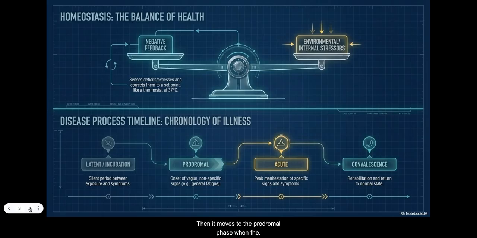Then it moves to the prodromal phase, the stage when people have vague or non-specific signs like fatigue, for example. Then it reaches the acute phase, which is the peak manifestation of the disease, and ends with the convalescence period, which is the return to the normal state.